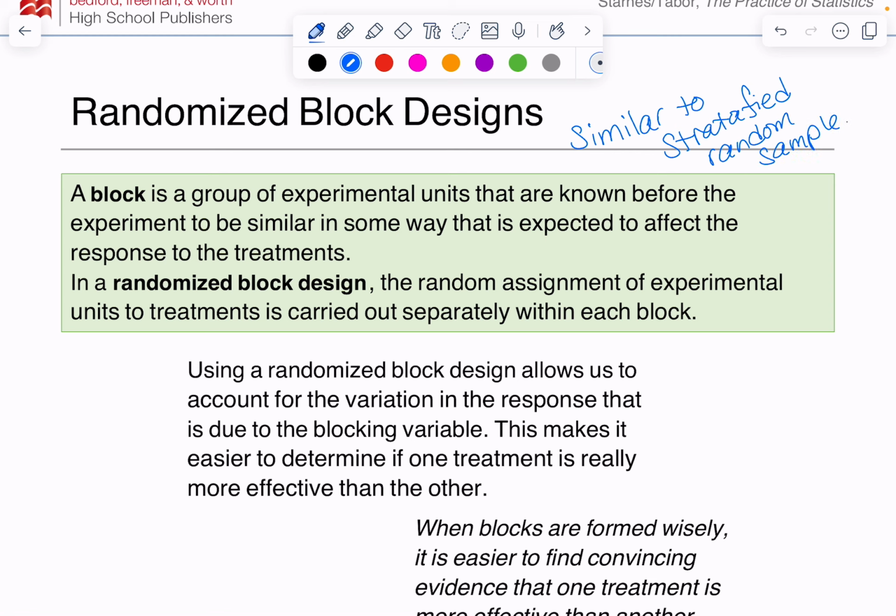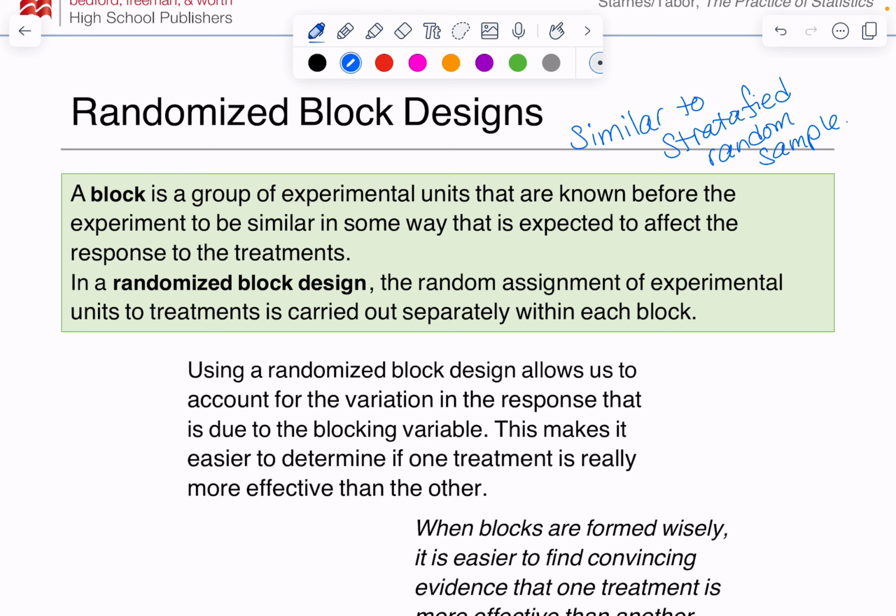In the sense that I think that when I do my experiment, there are going to be groups in my experiment who are going to respond differently. So when that happens, I'm going to have to split my experimental units into groups first, and then basically do my experiment twice, with this group because I think they're going to respond one way, and then with the other group because I think they're going to respond another way.